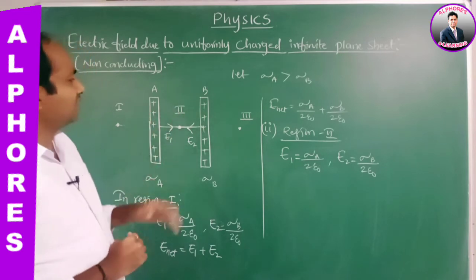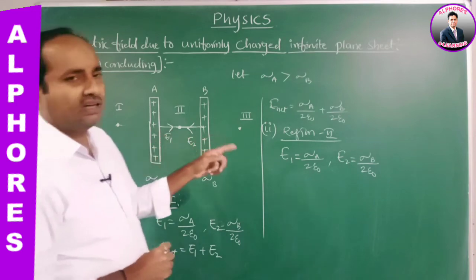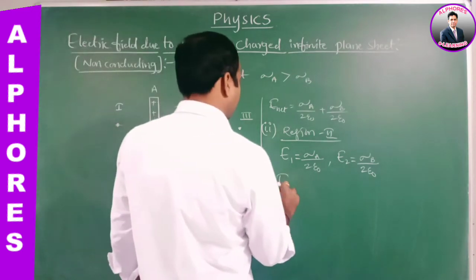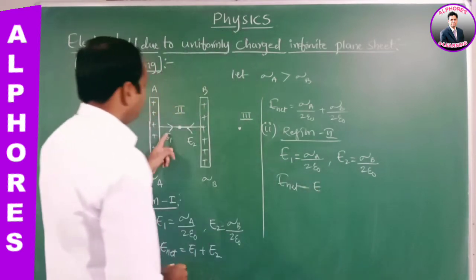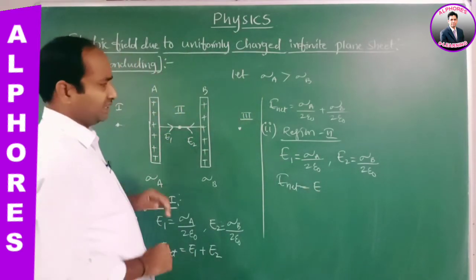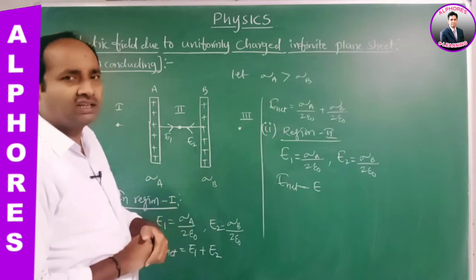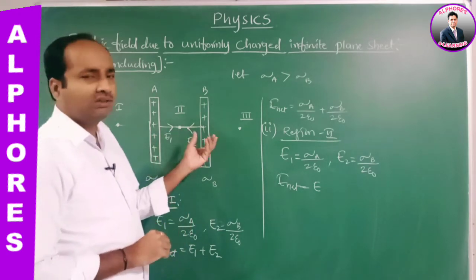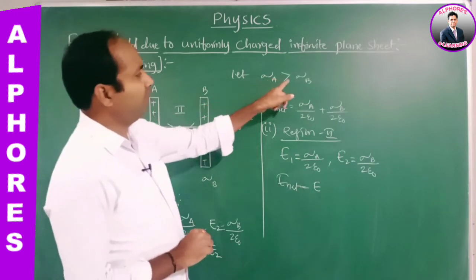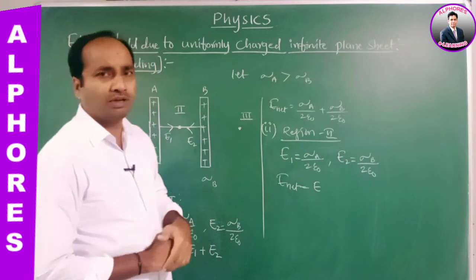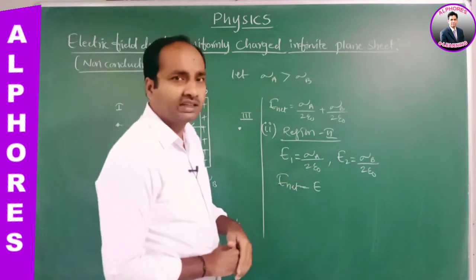But in the region in between the two plates, what is the net intensity of electric field? Here both are in opposite directions. When two vectors are in opposite directions, the resultant is the difference between the two values. Here, assuming sigma A is greater than sigma B, E1 is greater than E2.